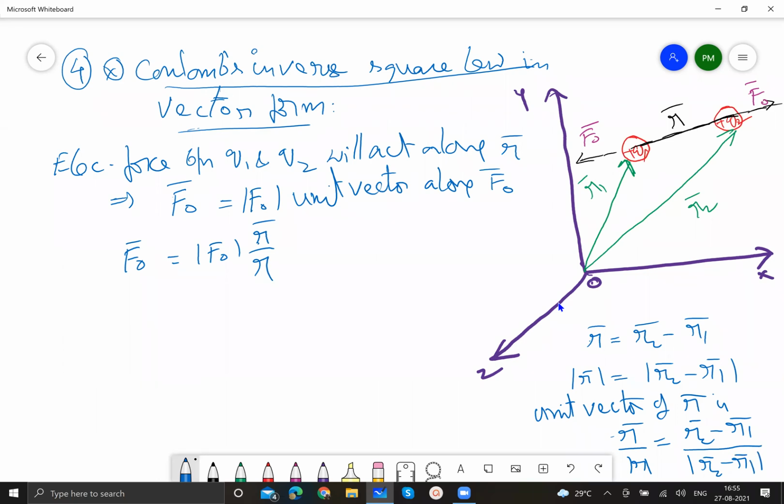So we get F naught is equal to 1 by 4 pi epsilon 0 into q1 q2 by r square into r bar by r.